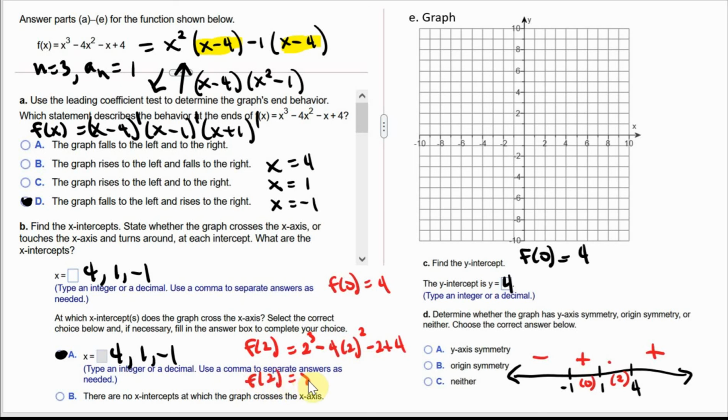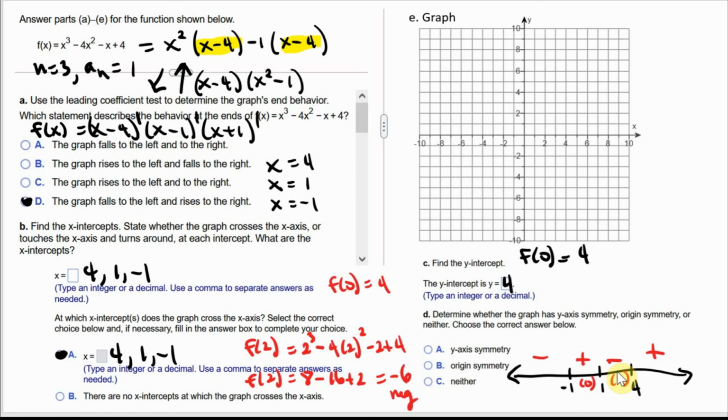So f of 2 is 8 minus 16, minus 2 plus 4 is just plus 2, right? And then this is minus 8 plus 2. I get minus 6. I just need the sign. It's negative. Put a negative sign. I got it. I'm ready to go.